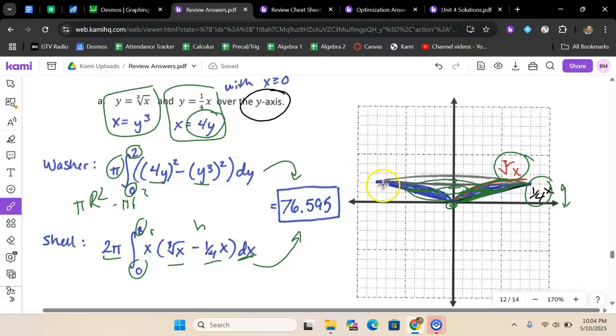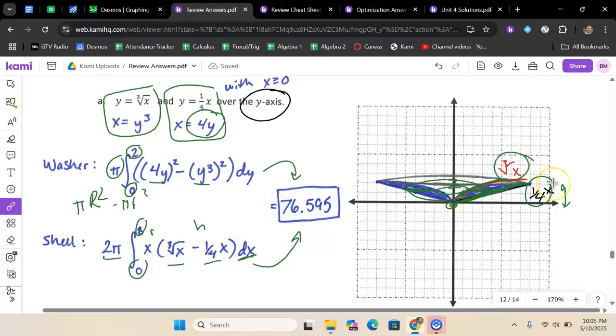But remember, the key for figuring out which one you have, what I think the key is, whatever our axis of rotation, in this case it was the y-axis, compare that to a rectangle, right? If the axis of rotation and the rectangles are parallel, then you get shell, which is why these standing up rectangles around a line that stands up gave us a shell.